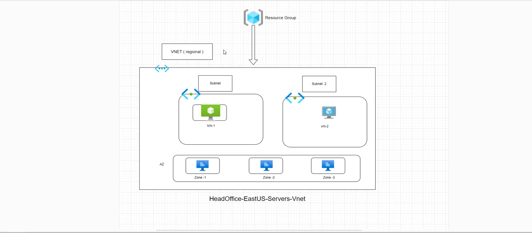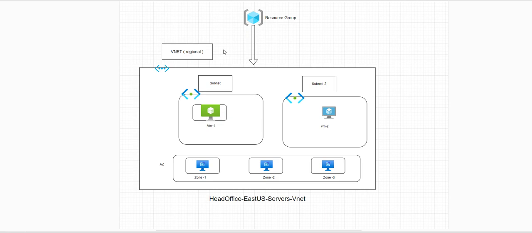Like, for example, one region called East US, and then something in some other countries, might be something in Europe, America, Asia, and different places. They have data centers, regions.